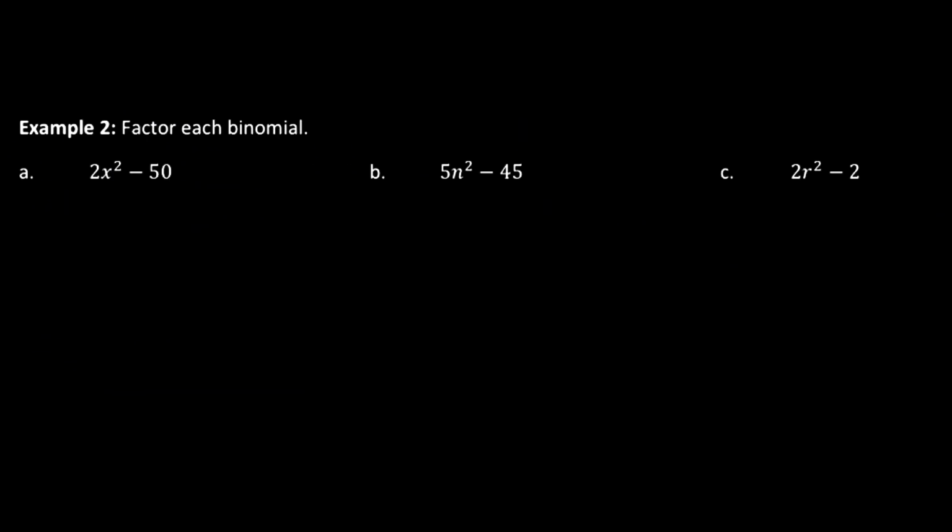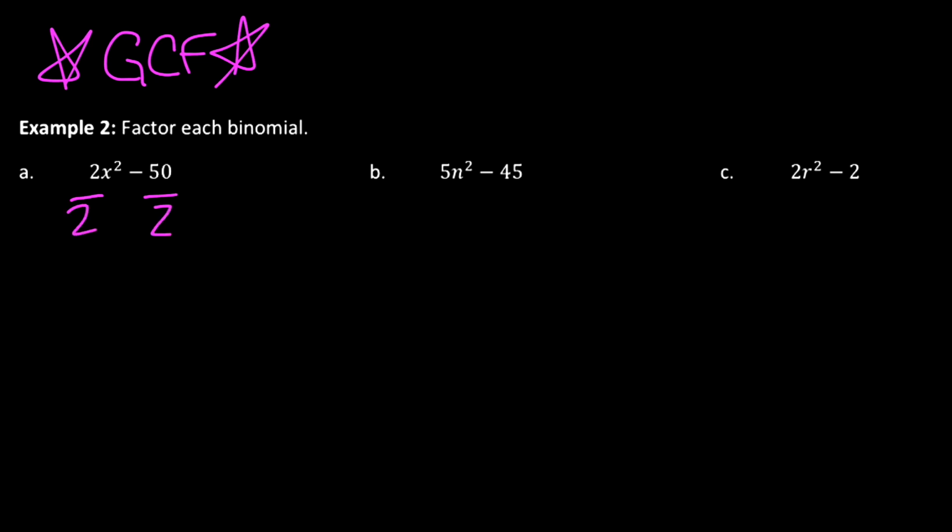Now, just like I said before, our priority is to check for a GCF every time. So if we see something that looks maybe a difference of 2 squares, sort of, but it's not quite there yet, again, that's why we are looking for the GCF first, because looking at example A here, I see a 2x squared and a negative 50. I know both of these are divisible by 2. And so that's what we are going to start by doing.